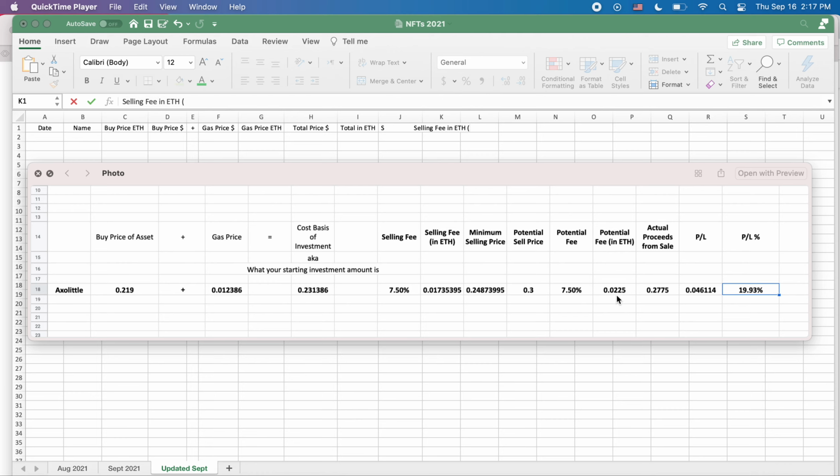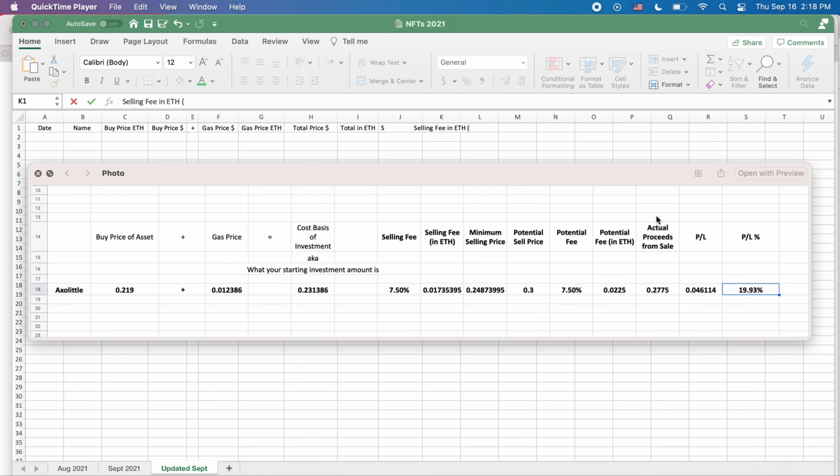So 0.3 minus 0.0225 equals the actual proceeds from the sale, 0.2775. This is all in ETH.